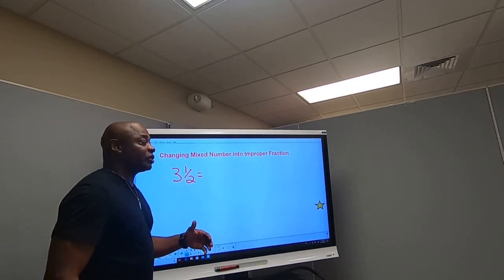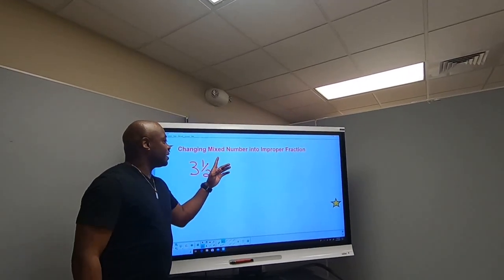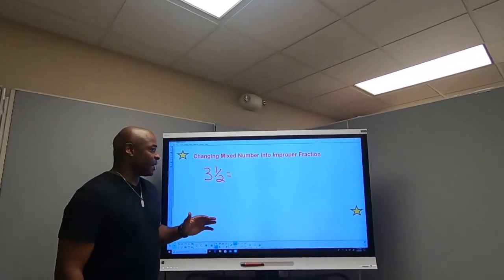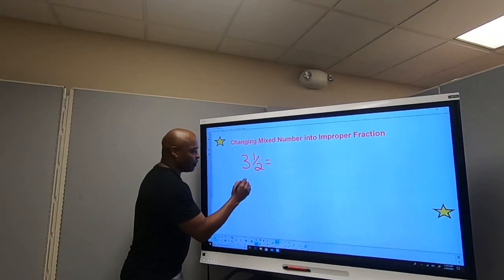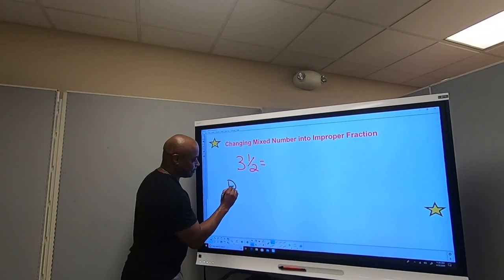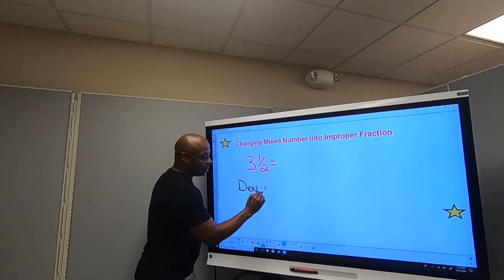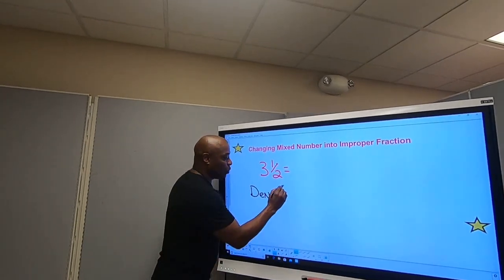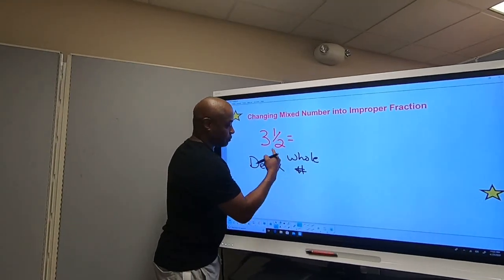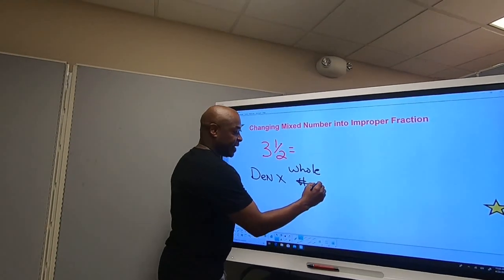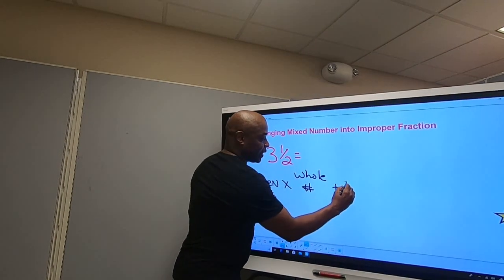Now, in order to change this into an improper fraction, I do something with my kids. I tell them that we must take the denominator, multiply it times the whole number, and add the numerator.